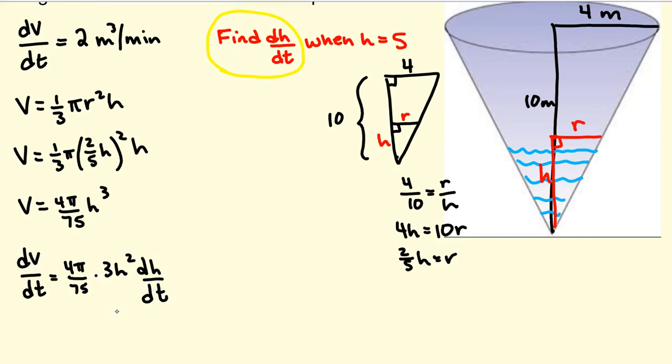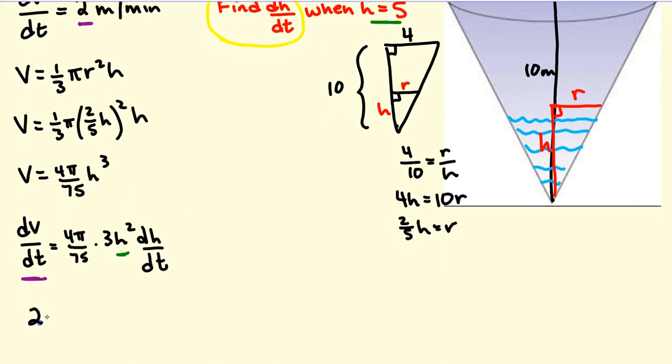Now we know that dV/dt is 2. We'll plug that in. We're looking for dh/dt when h is 5. We'll plug that in. So we have 2 equals 4 pi over 75 times 3 times 5 squared times dh/dt.